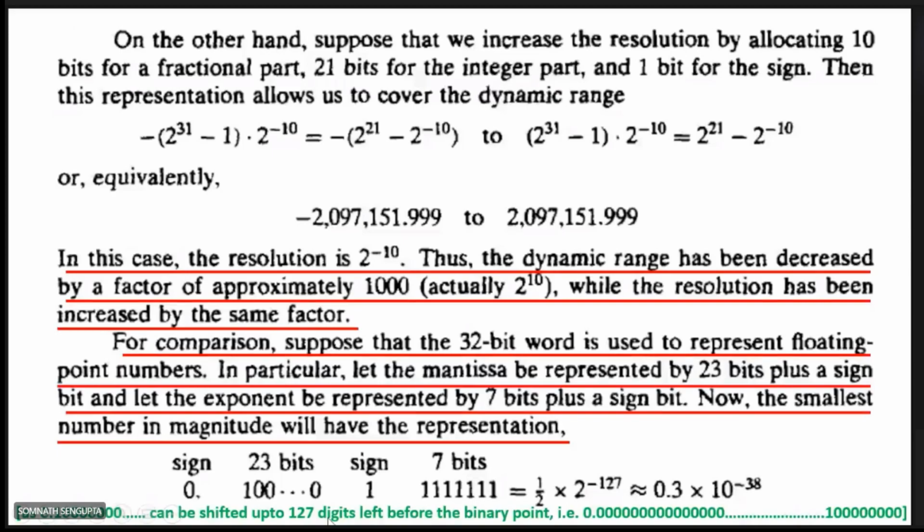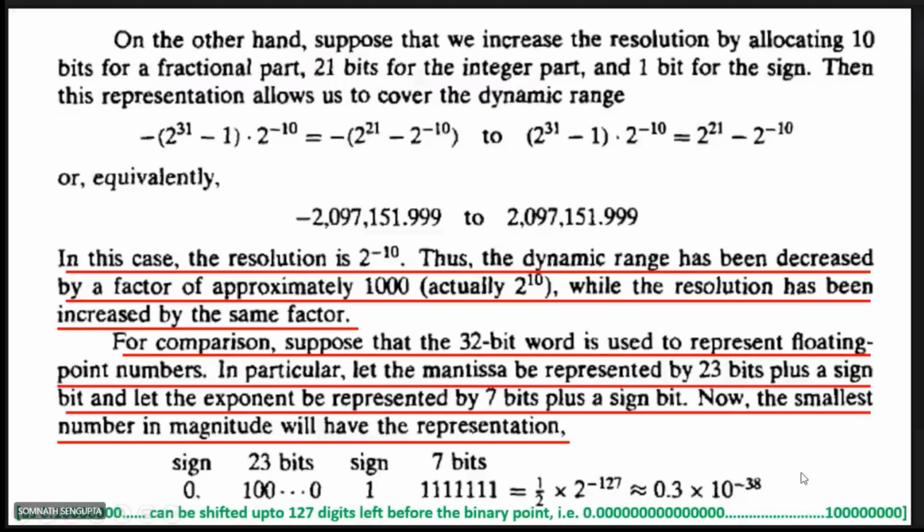So your binary point value would be 0.000 up to 127 times, and then the remaining mantissa will be there. So this value comes to be 1 by 2 into 2 to the power minus 127.